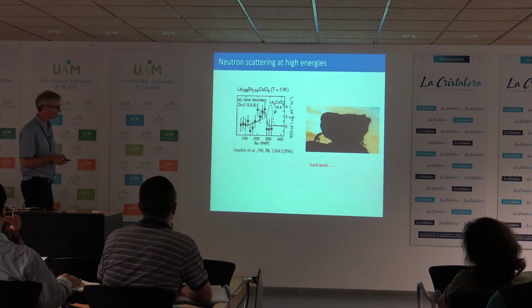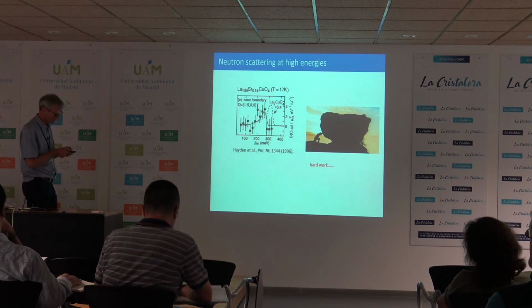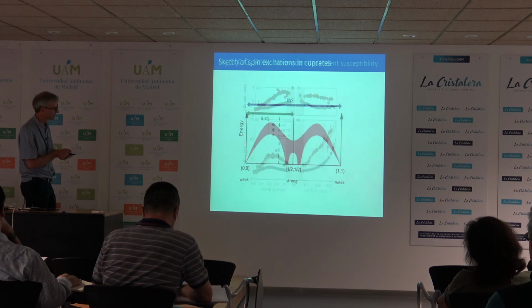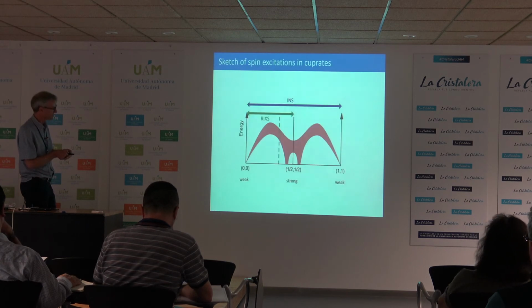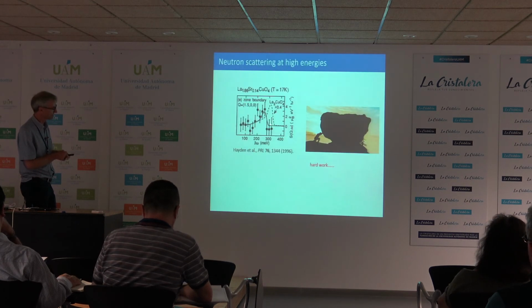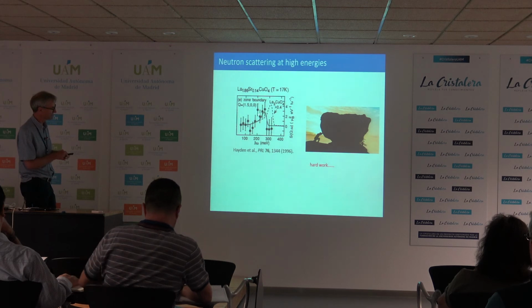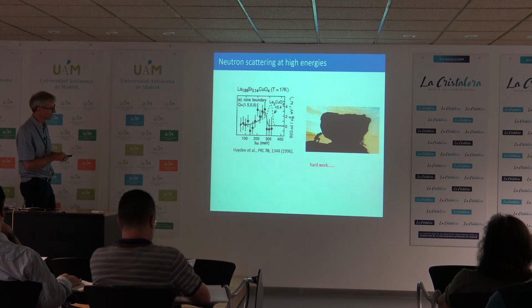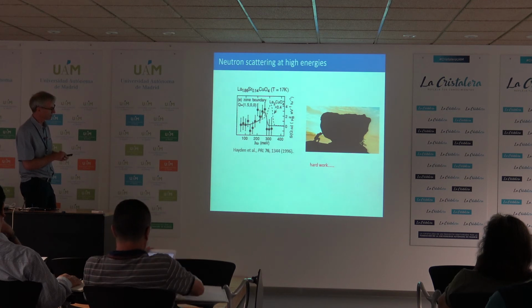So, if we wind back the clock a bit, just to show you how hard it is with neutrons, we did some measurements at this point a long time ago with neutrons in an optimally doped LSCO. And we saw this thing at about 250 millivolts here, but you can see the quality of data is many times worse than the RIXS.